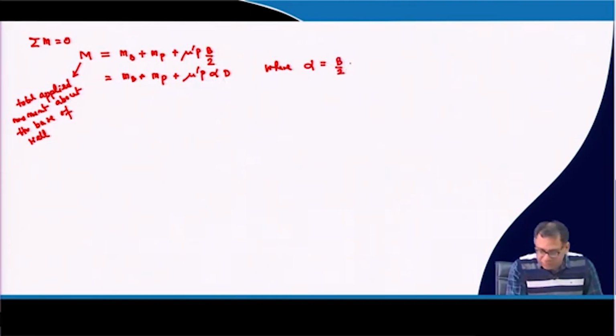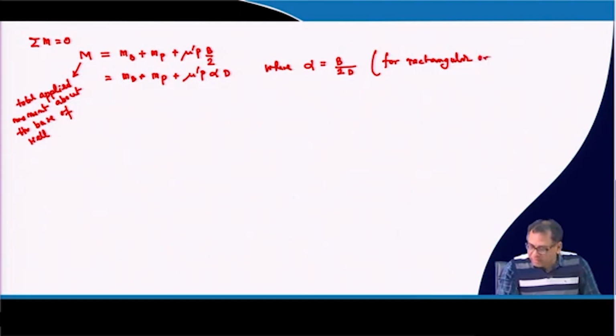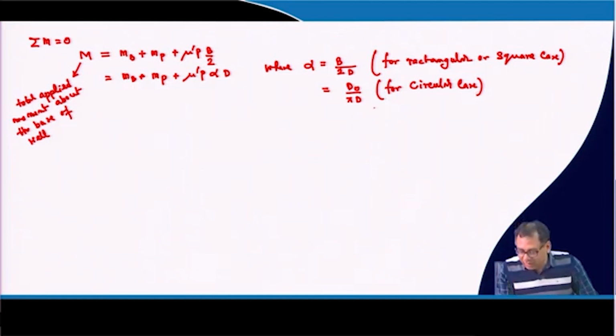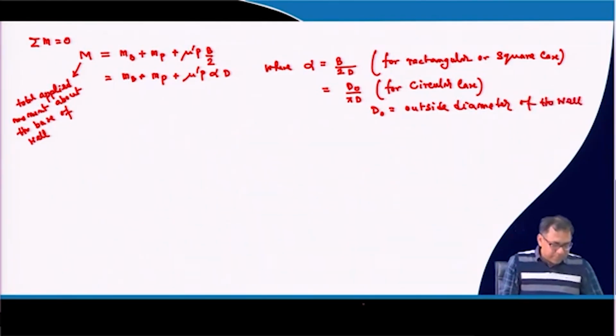So, alpha is equal to B by 2D for the rectangular or square case, and this will be equal to d0 by pi D for the circular case, where d0 is the outside diameter of the well, and D is the depth of the well below the scour level.